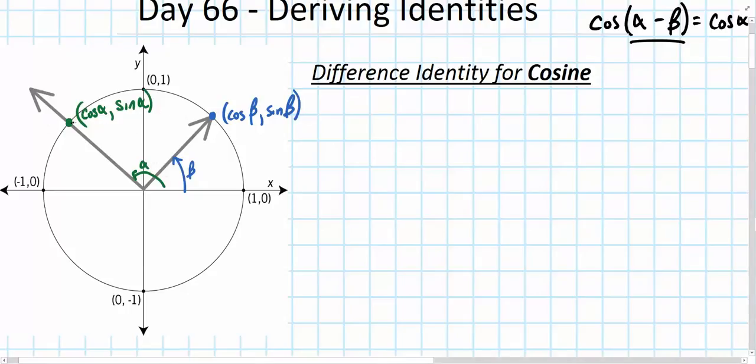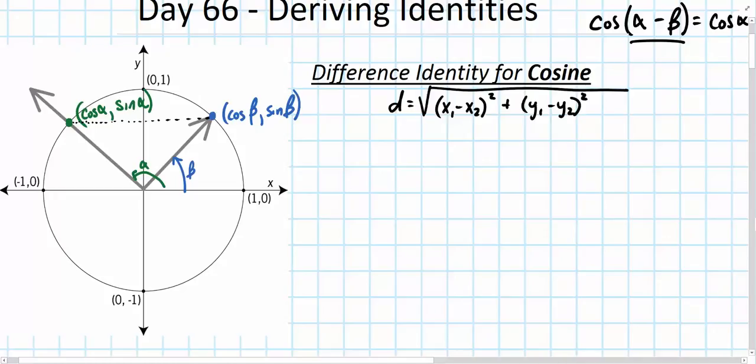What I would like to do is find the distance between these two data points. If you remember way back to algebra, we have a calculation that allows us to calculate the distance between two points. The distance is the square root of the difference of our two x values, x1 minus x2 squared, plus y1 minus y2 squared.